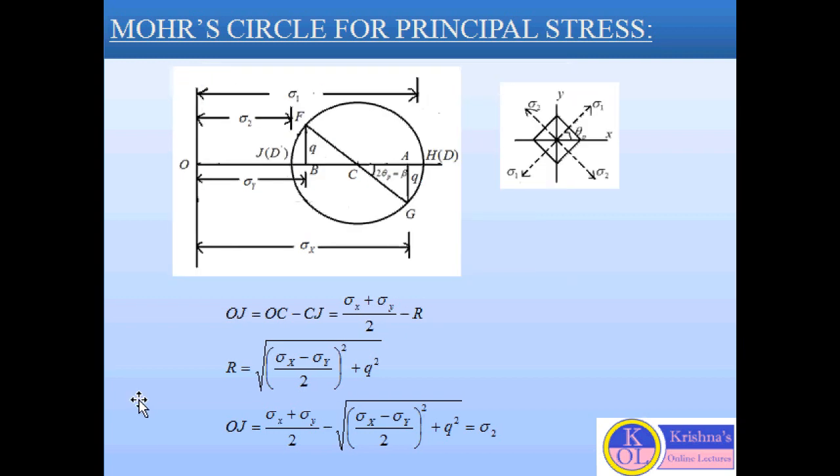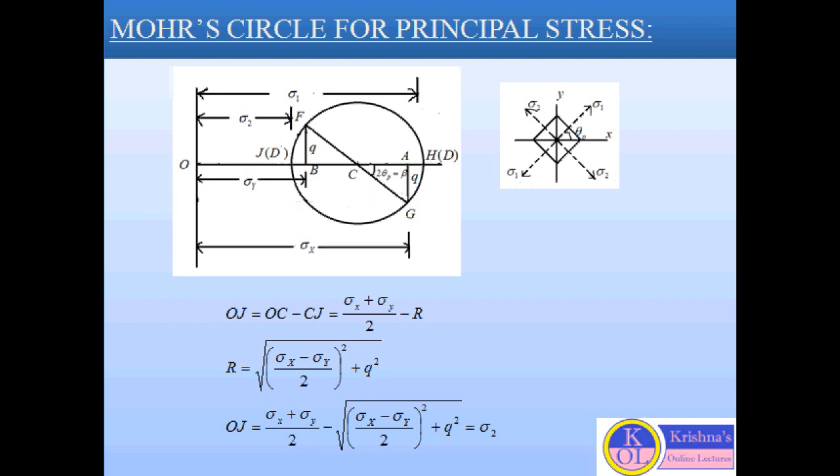Now if we want to find the minor principal stress, OJ represents the value of the minor principal stress. If we find the value of OJ, we can find sigma 2, the minor principal stress. So OJ will be OC minus CJ.